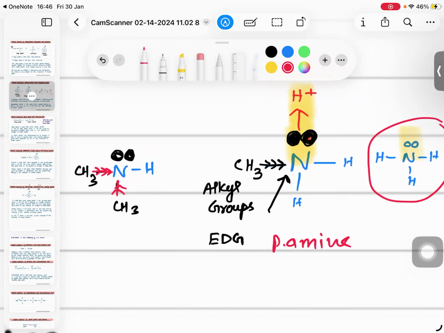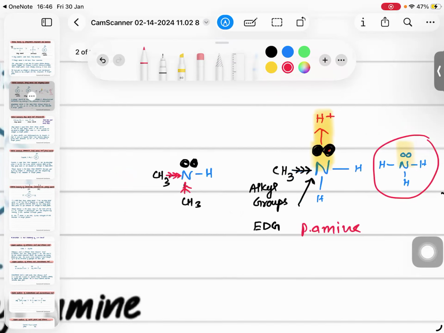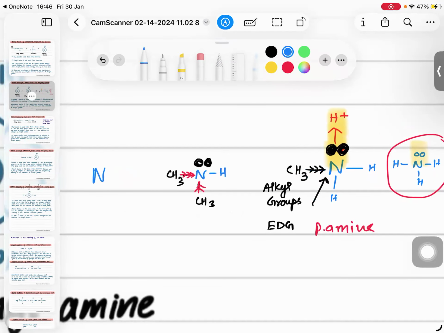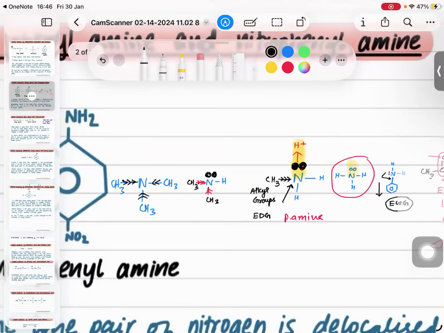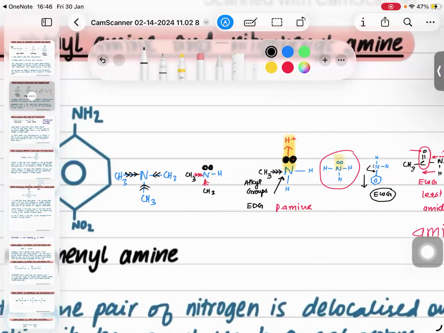And what about the tertiary amines? Even more basic. Why are tertiary amines the most basic? Three alkyl groups attached, so they are the most basic. This is how we look at the basicity and relate it with the electron density of the nitrogen atom, accepting the proton strongly or not being able to accept the proton strongly.